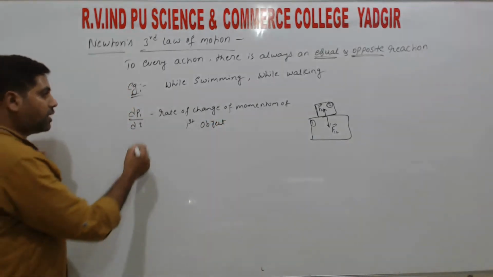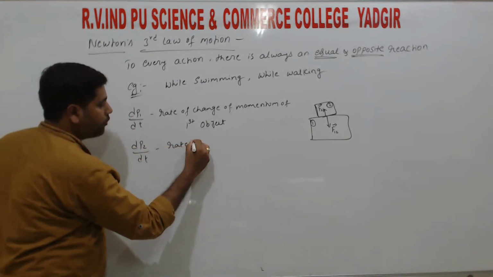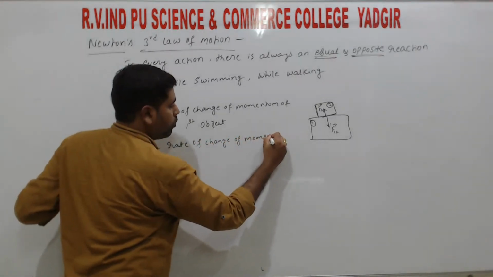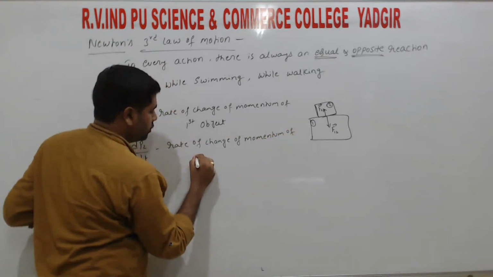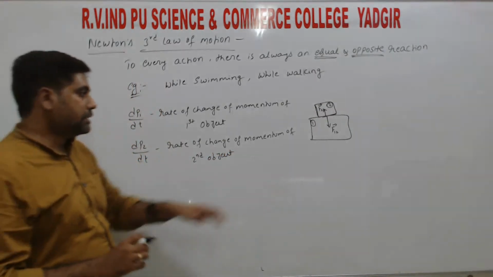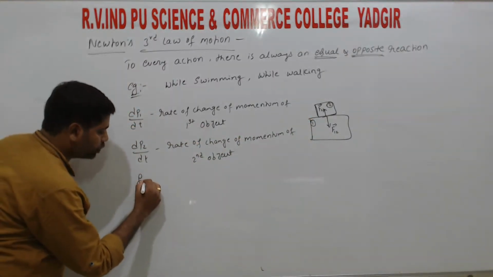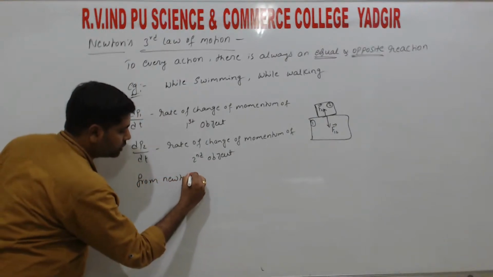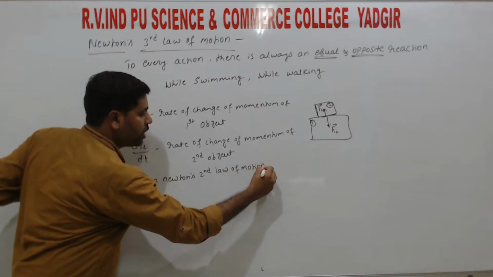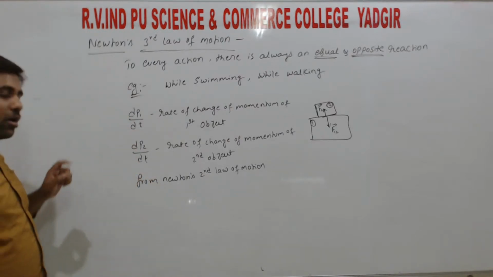In the same way, dp2 by dt is the rate of change of momentum of the second object. From Newton's second law of motion, we are going to prove Newton's third law of motion.